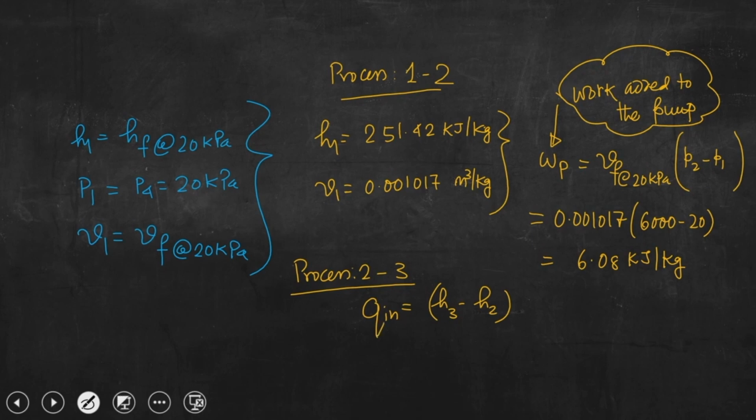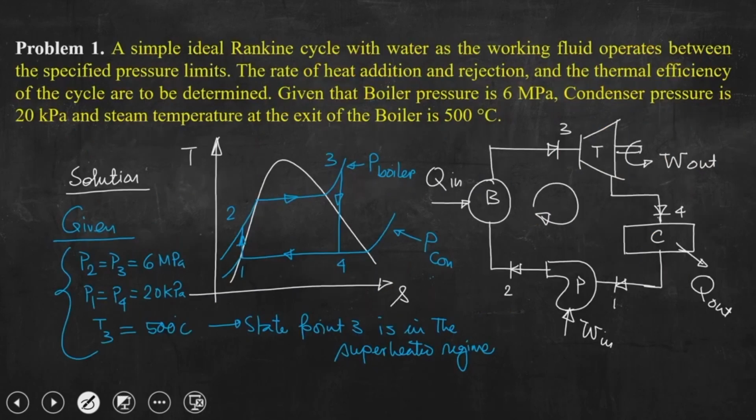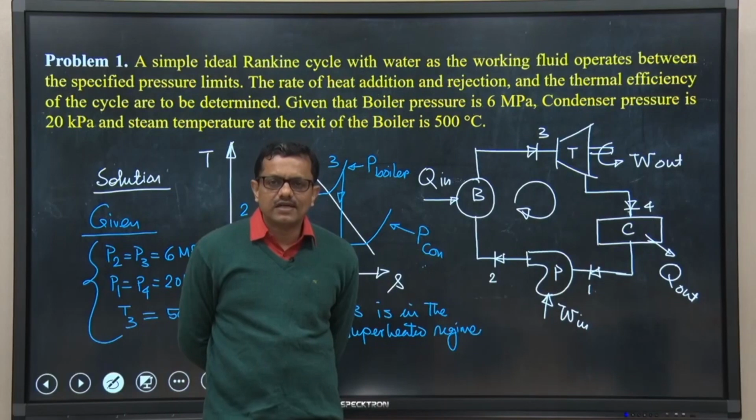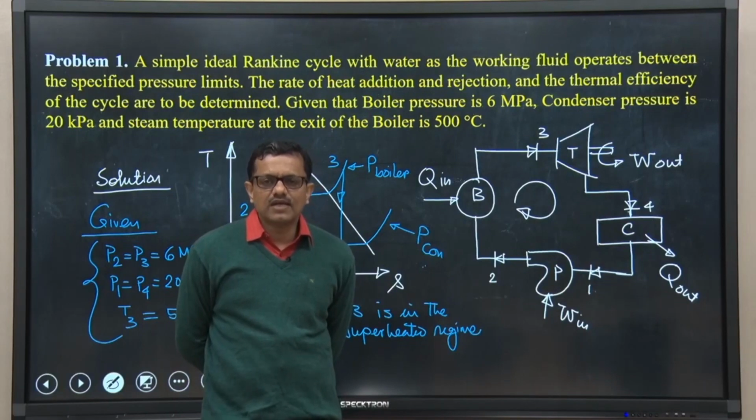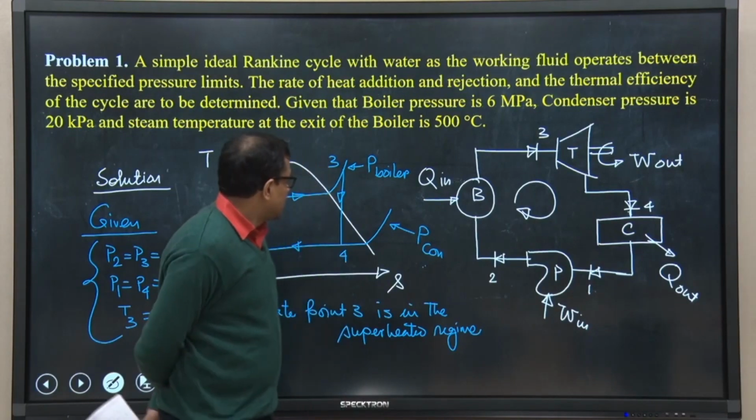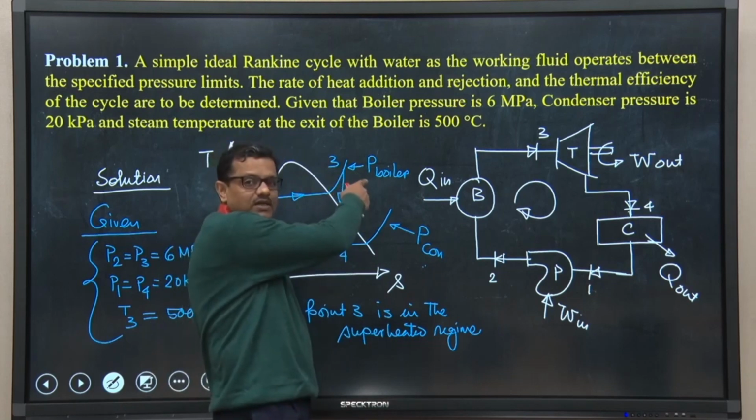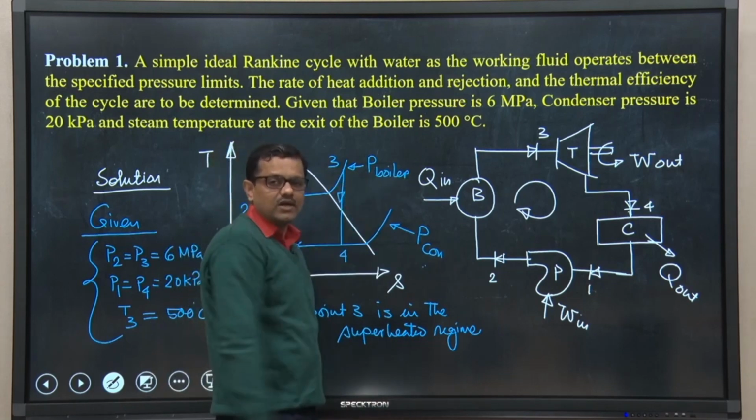Now, H3 you can calculate, because you know pressure and temperature. Again, I am just trying to recall whatever we have learned from our thermodynamics course, that two independent intensive properties are required to specify the state, the state postulate that you have studied. Once we know temperature and pressure, we can calculate other properties.